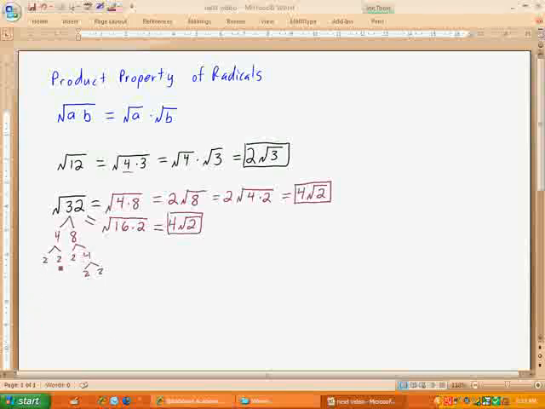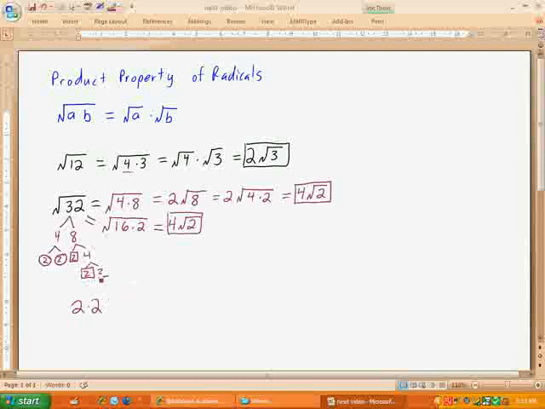So at this point, I look at my numbers and I say, okay, I've got a pair of 2s right here. That would be 2 squared, which means I'm going to be able to take a 2 out of my square root. I've got another pair of 2s right here, which means I'll be able to take another 2 out of the square root.